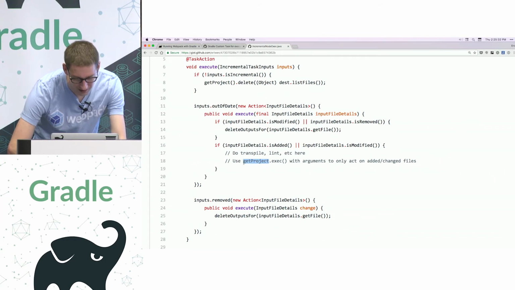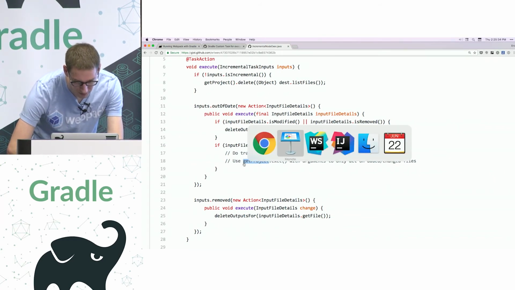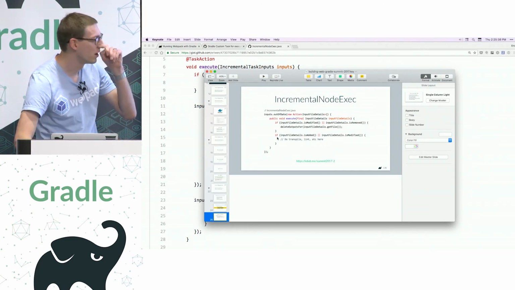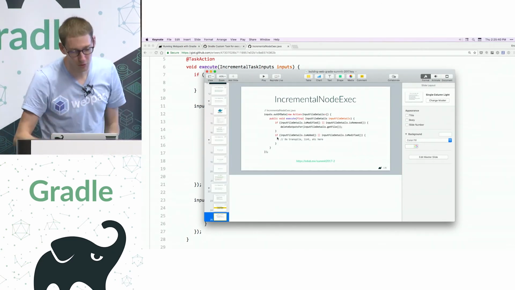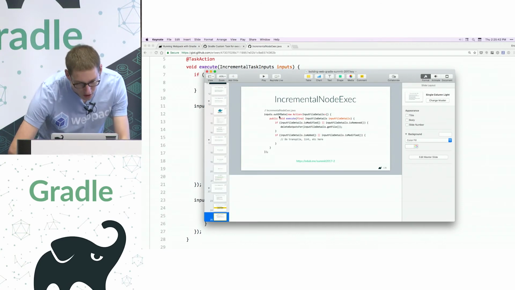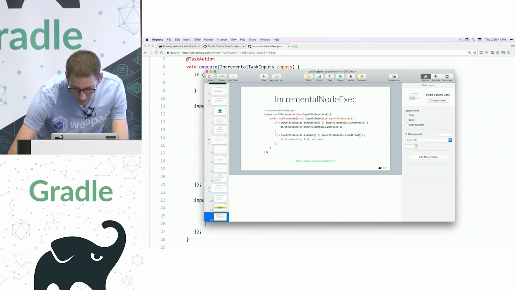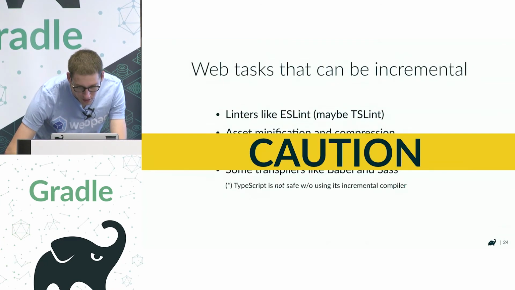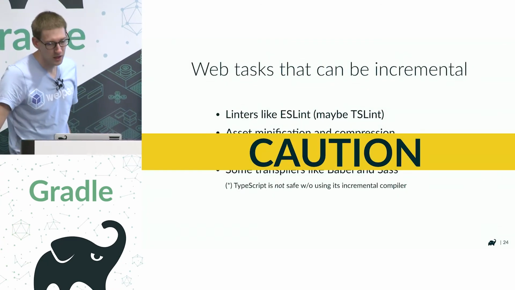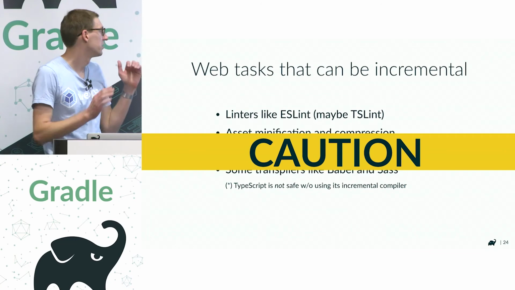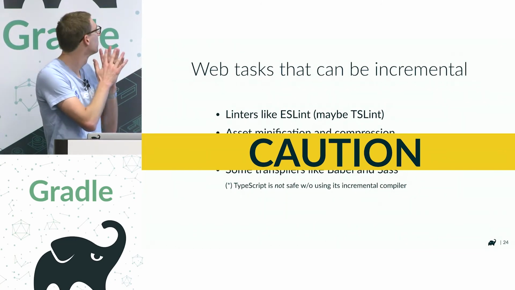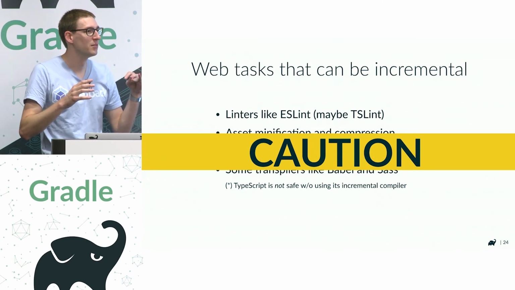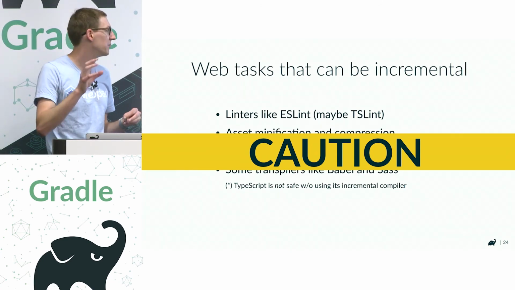Now, of course, tslint is a bad example because TypeScript itself requires the use of the TypeScript incremental compiler. However, many organizations will go for a mostly correct version of some incremental tasks.